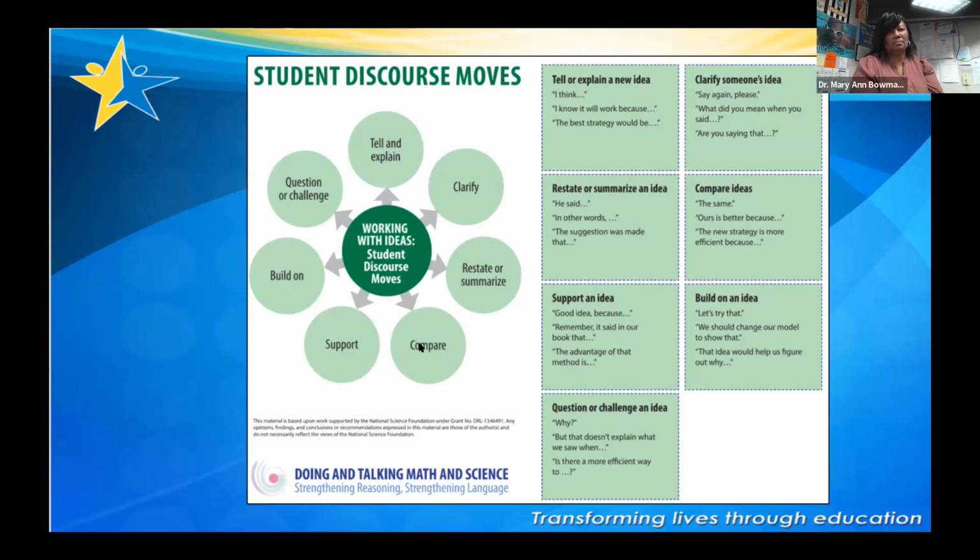Question or challenge an idea. That's an important one for our students when you're talking about inquiry and critical thinking. Okay, why? But that doesn't explain what we saw when. Is there a more efficient way to? So those are things that they should understand, that they should be questioning and challenging ideas.